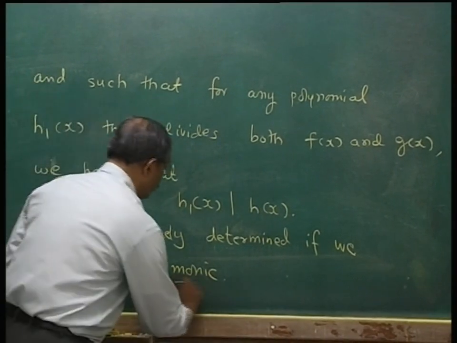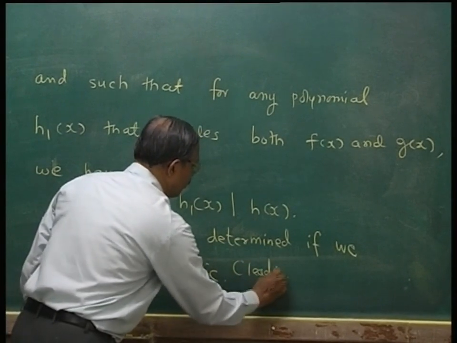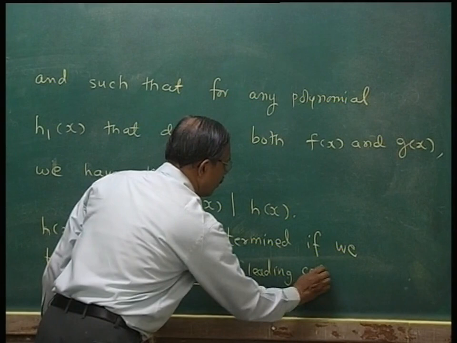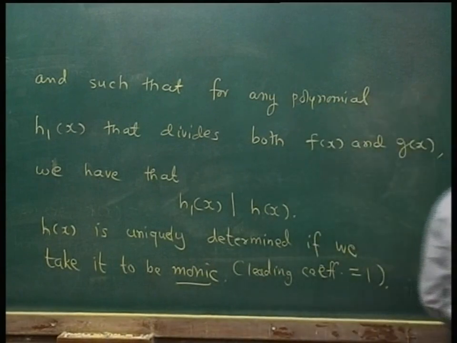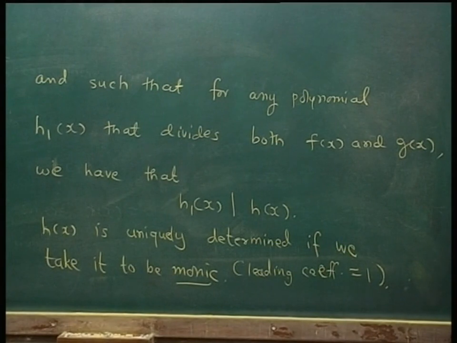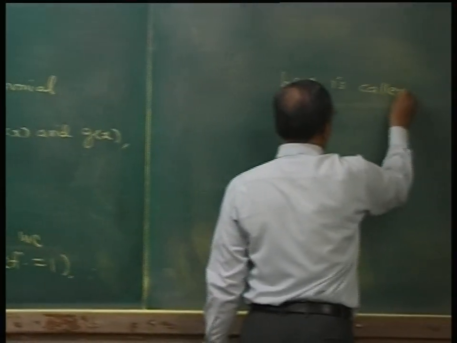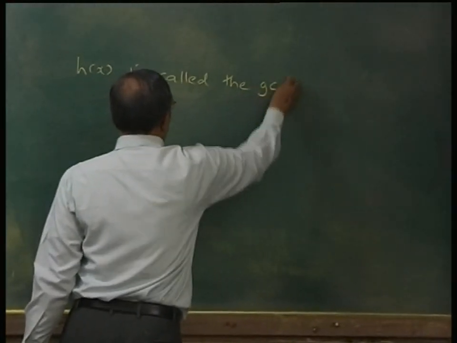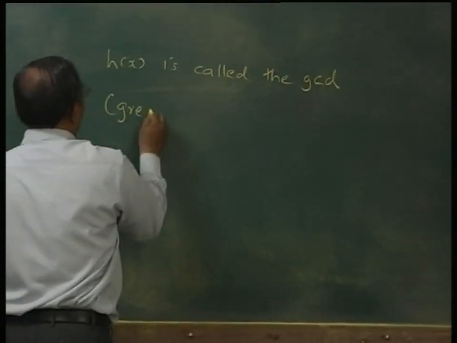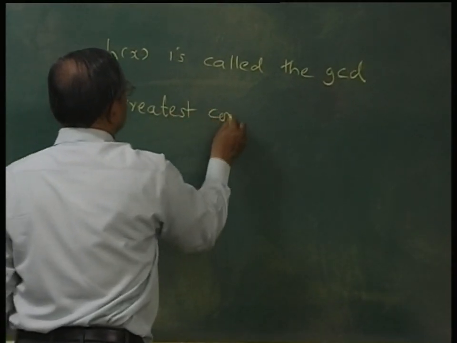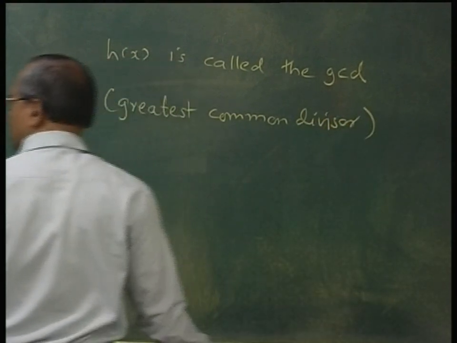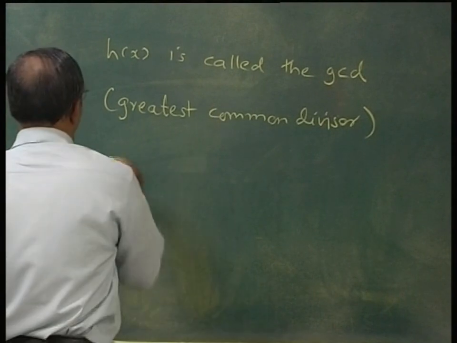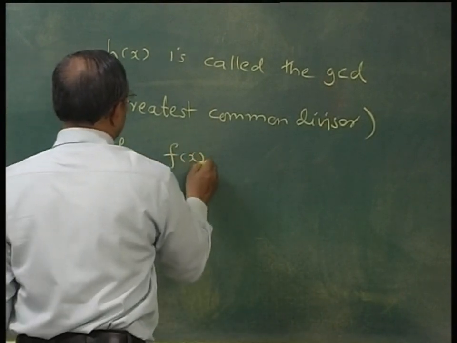That is, monic means leading coefficient is 1. h(x) is called the GCD, greatest common divisor, of f(x) and g(x).